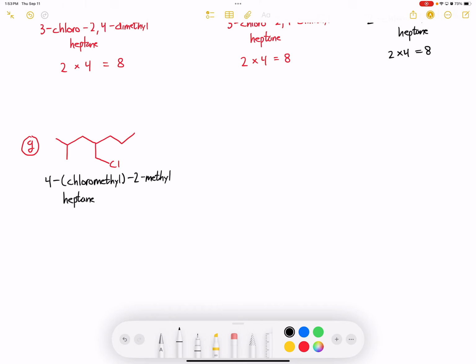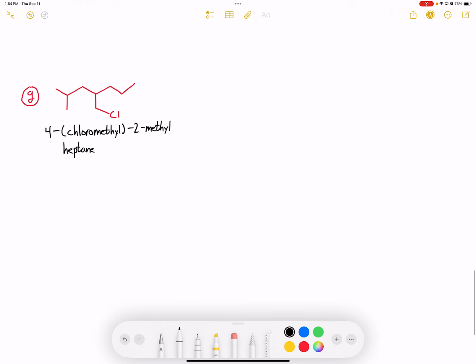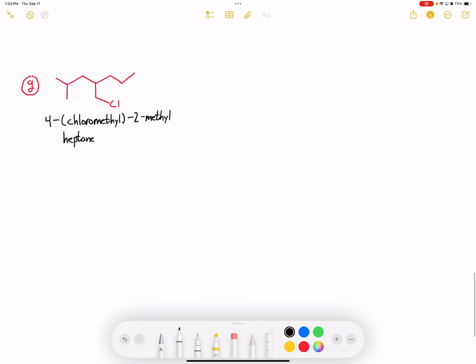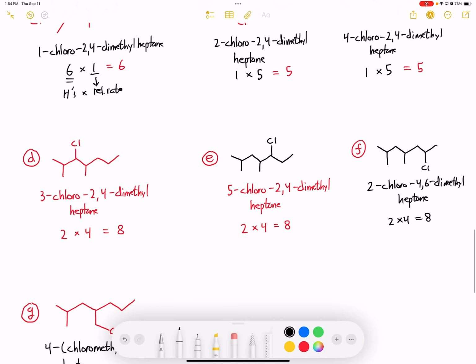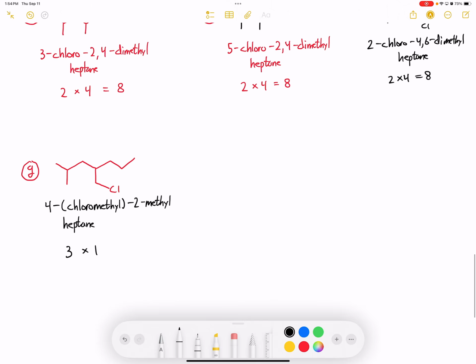Now let's look at the rate. So this is a primary. Was this a primary hydrogen coming off the Cl? Was that primary carbon, secondary hydrogen, or tertiary? Primary, good. So in this case, G here, we're going to have, and there's 3 possible hydrogens, right? So 3 times 1. Like we saw over here a little bit.